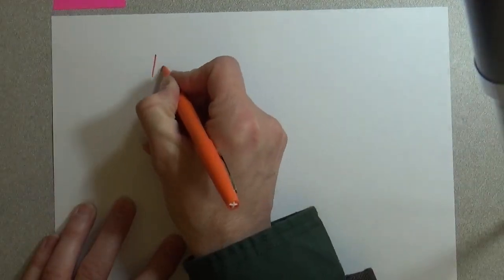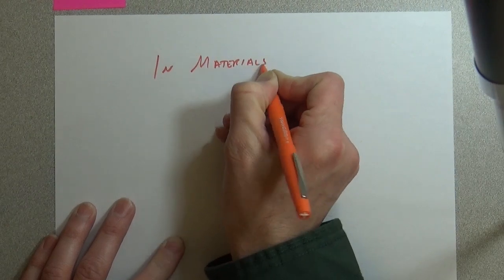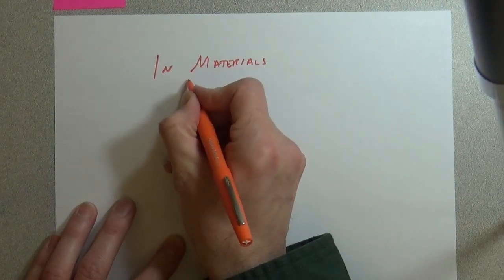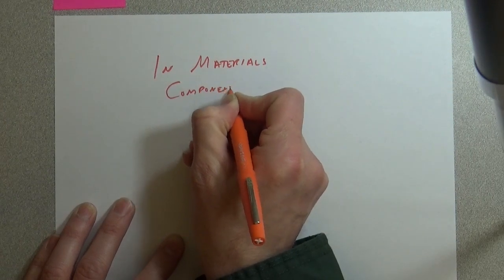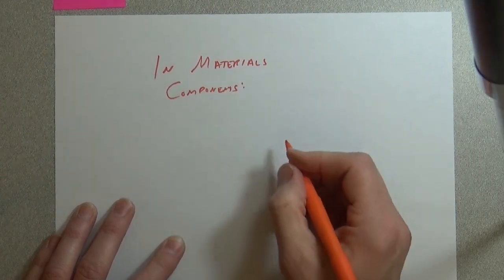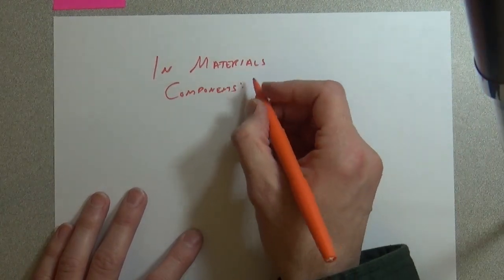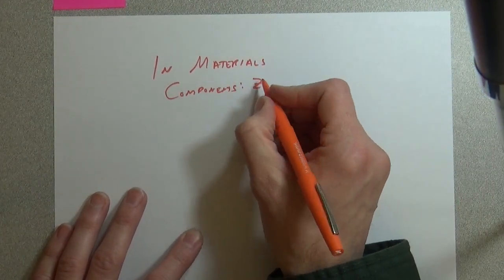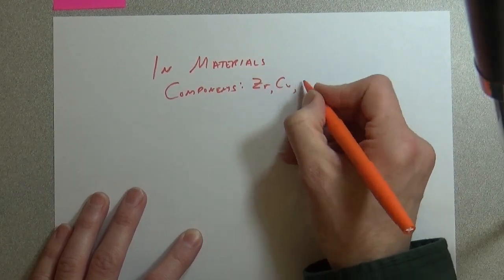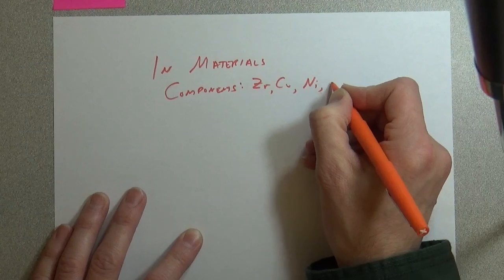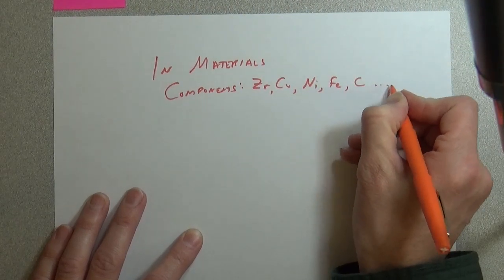In materials, examples of components we can have, again, alloys, we can have elements. So for example, we can have zirconium, copper, nickel, iron, carbon, and so on.